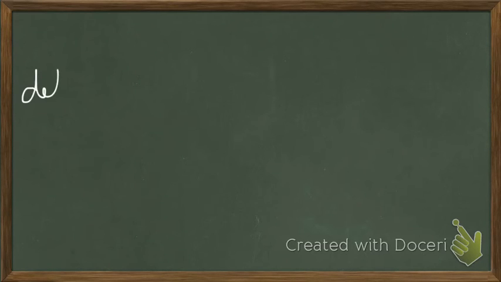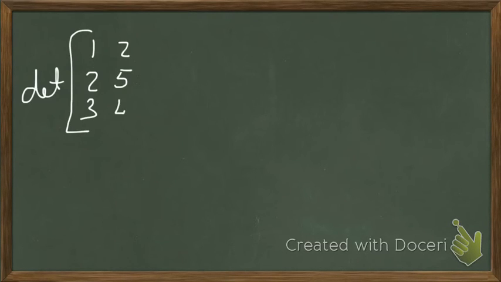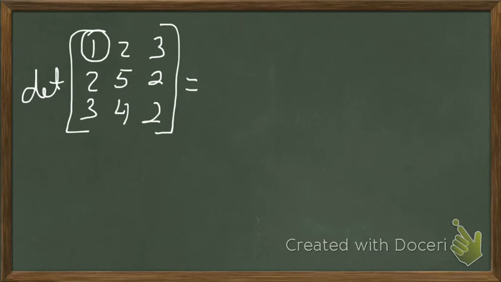The determinant of a 3 by 3 is a little different. So if we looked at this matrix, I always look at element 1, 1 first, and think of that as a coefficient.